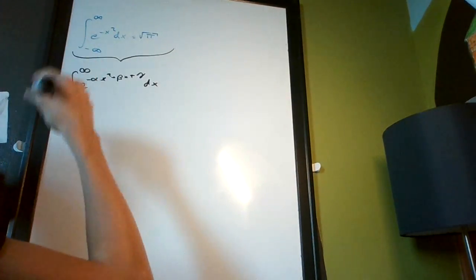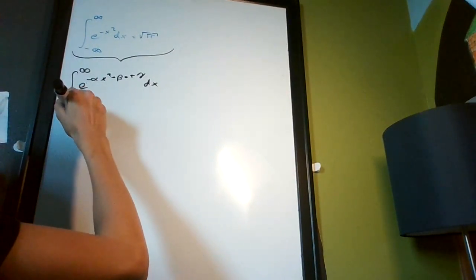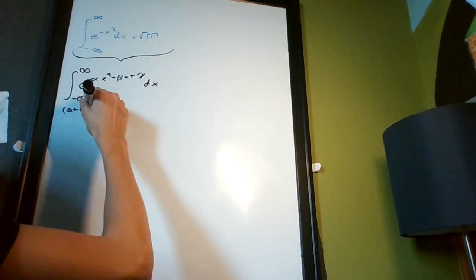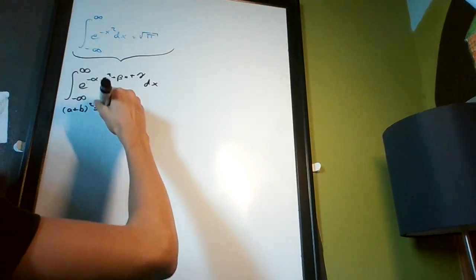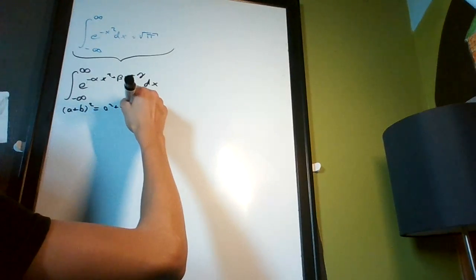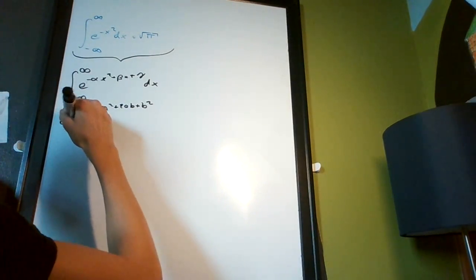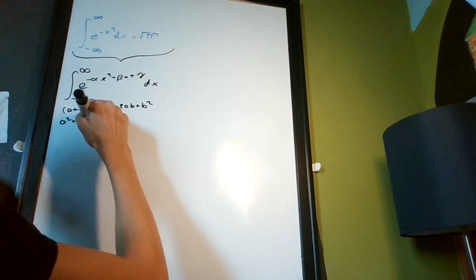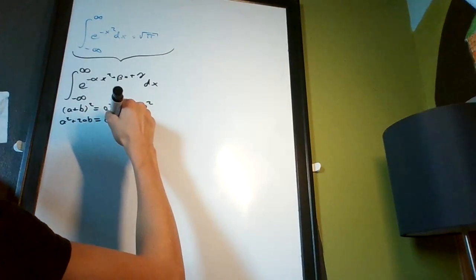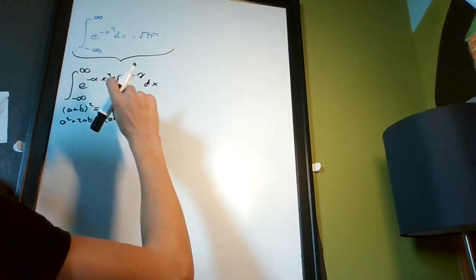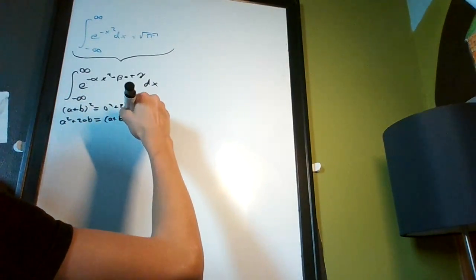Okay, so what we're going to end up doing is I'm going to look at what happens if I do a plus b squared. Right? I get a squared plus 2ab plus b squared. Okay. Well, then I get a good thing right here. A squared plus 2ab equals a plus b squared minus b squared.